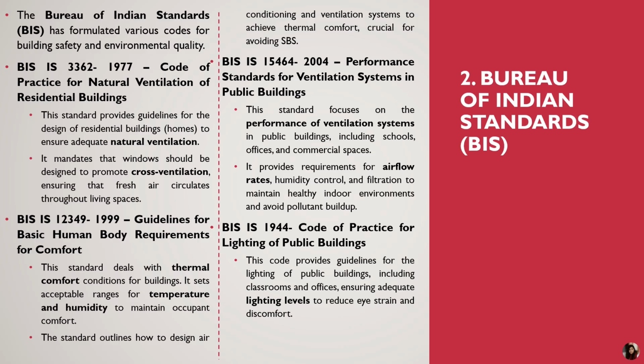It also covers the temperature and humidity levels required for basic human body needs, and how to design air conditioning and venting systems. The performance of ventilation systems is also covered by one of the standards, which helps us focus on ventilation in public buildings, including schools, offices and commercial spaces. It also provides requirements for airflow rate.